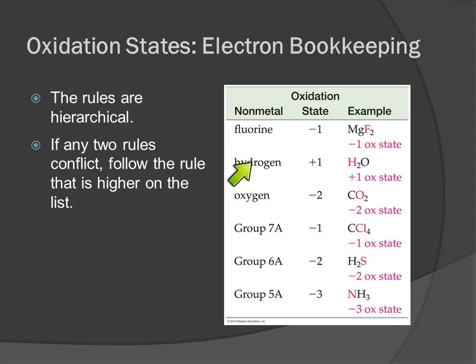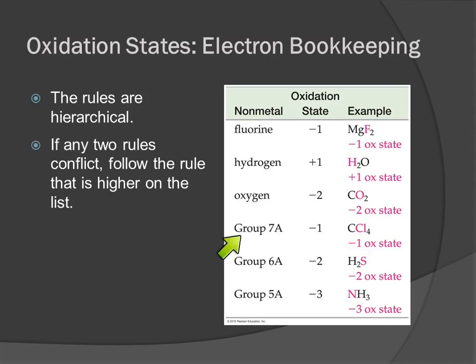Fluorine's -1, hydrogen's +1, oxygen is -2. Group 7s are -1, group 6s are -2, group 5s are -3. So these correspond to common charges on these ions, right? The group 5 nonmetals form anions with a -3 charge.